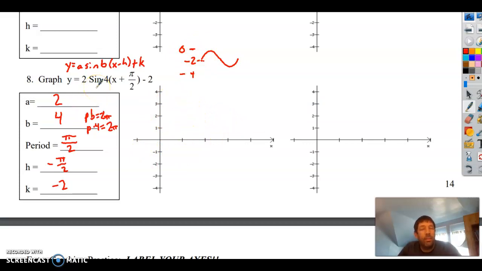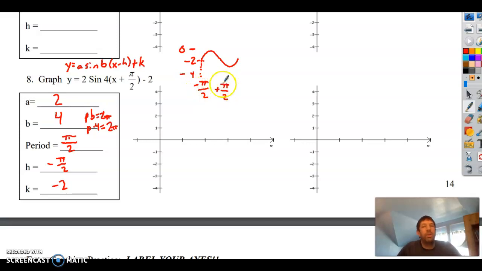The next thing I'm going to do is look at my h value. My h value is negative pi over 2. That tells me that right here, where I'm starting sine, that's going to be at negative pi over 2. I also know that my period length is pi over 2, which tells me how long it takes to complete one cycle.